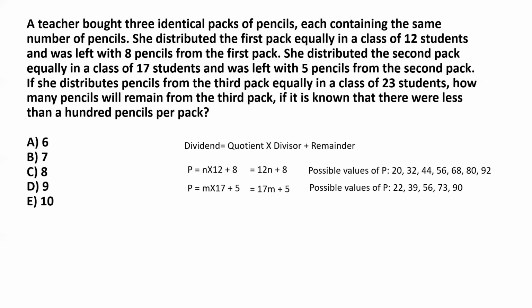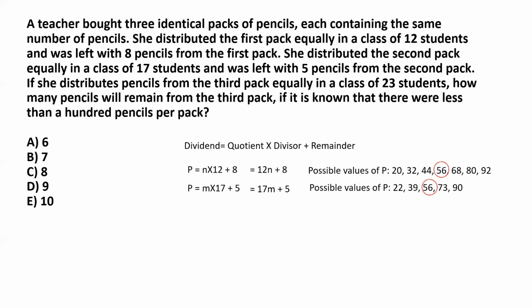And once we write these sets of possible values of P, of course, remembering that it has to be less than 100, all we need to do is basically spot what is the common value of P in these two sets, because we know P has to be the same value, right?